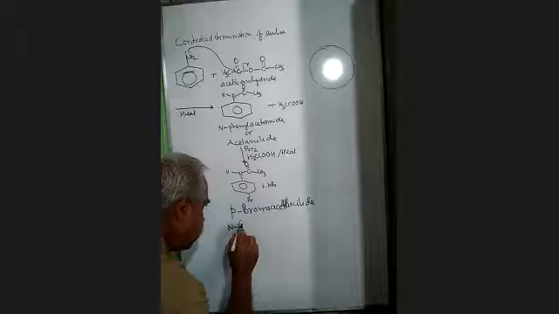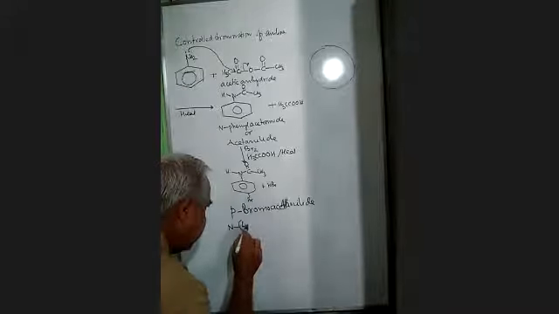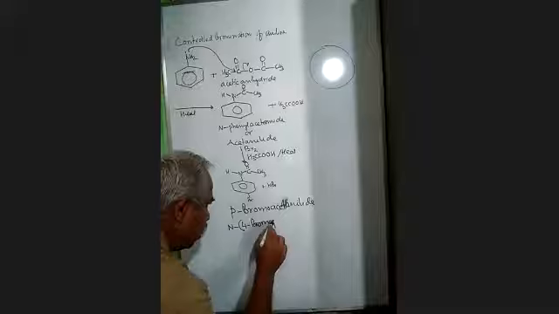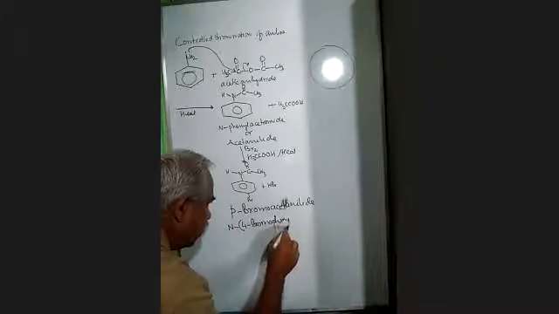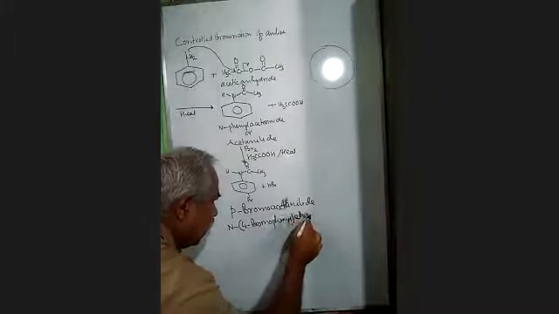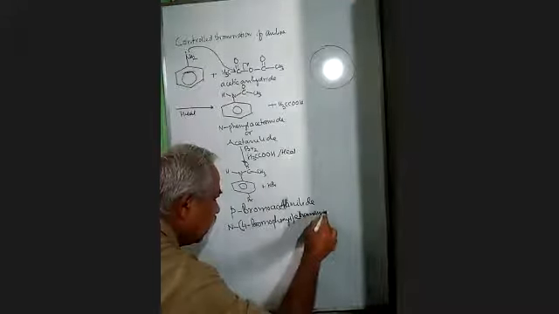I have already taught you how to name it. It is N-(4-bromophenyl)ethanamide. All right. So we have got it.